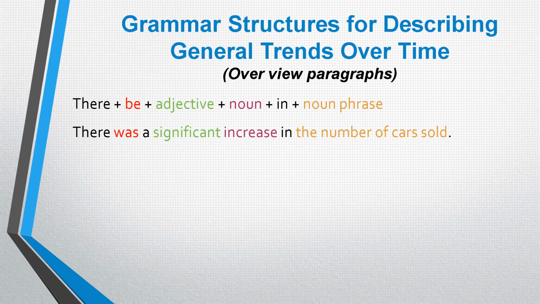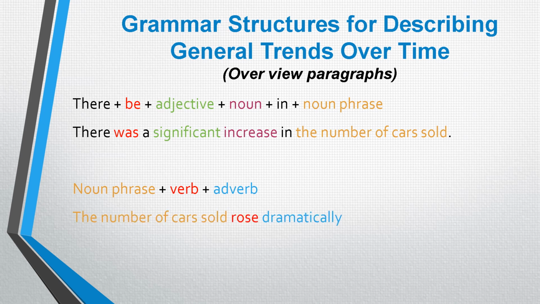The next structure is this one: noun phrase plus verb plus adverb. And the example here is the number of cars sold rose dramatically. So a noun phrase is the thing we're talking about, which could be more than one word, as in this case. So the number of cars sold rose dramatically.